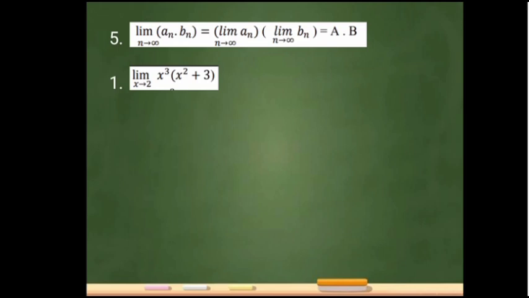So, for example number 1, limit x cubed times x squared plus 3 as x approaches 2. Let's distribute the limit.